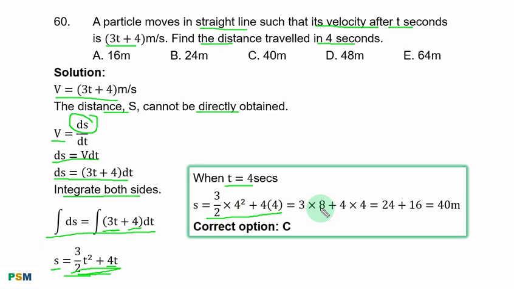Divide by 2, you have 8. That is 3 times 8 plus 4 times 4 equal to 24 plus 16. That is 40 meters. The correct option is C.